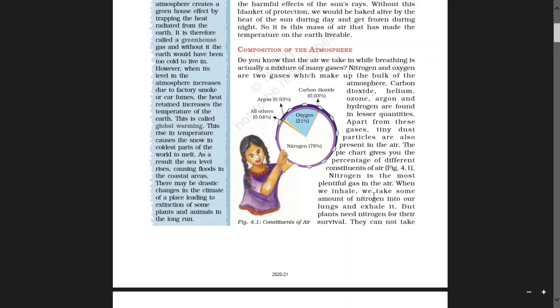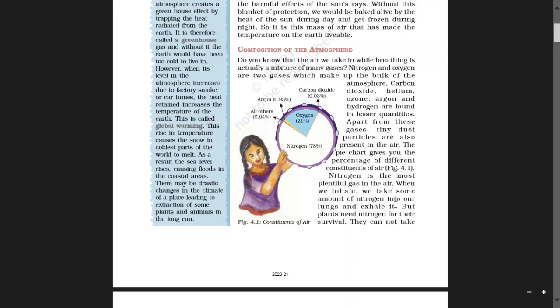When we inhale, we take some amount of nitrogen into our lungs and exhale it. Inhale means to take inside, exhale means to bring out.